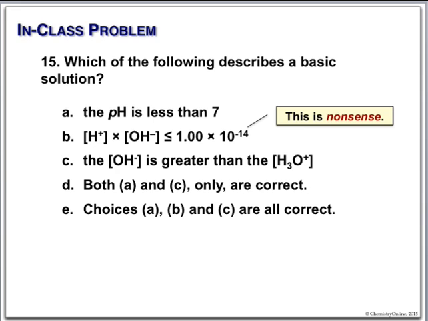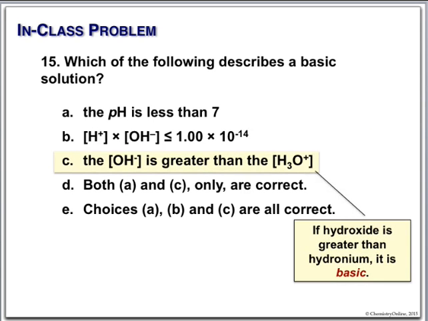And finally, for C, if hydroxide is greater than hydronium, well, hydroxide is the thing that makes solutions basic, isn't it? If you have more hydroxide than hydronium, by gosh, it's basic. Any questions?